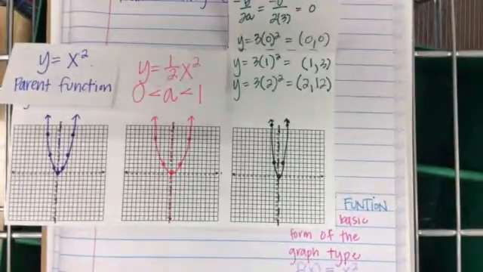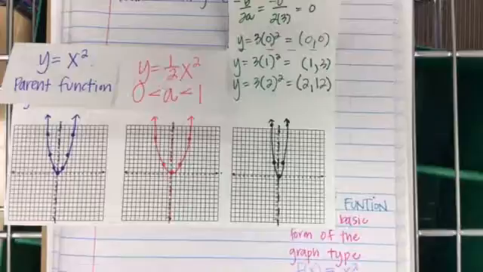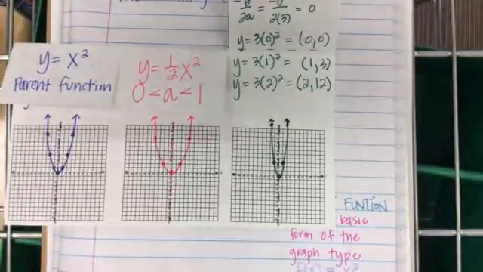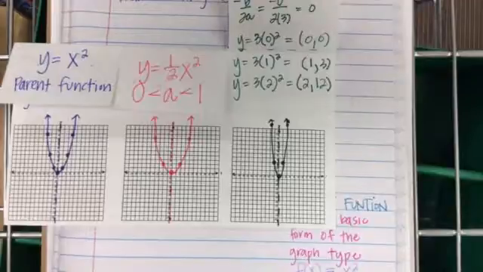So what's the relationship with A? What does A do to the parabola? What is the purpose of A? It makes it fatter or skinnier. A changes the what?